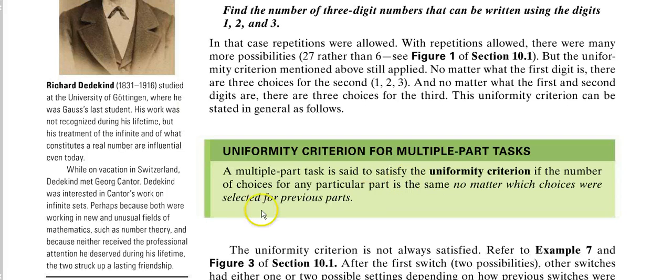So we end up with the uniformity criterion for multi-part task. Again, some of the vocabulary. A multiple part task is said to satisfy the uniformity criterion if the number of choices for any particular part is the same no matter which choices were selected for the previous part. That's where uniformity comes in.